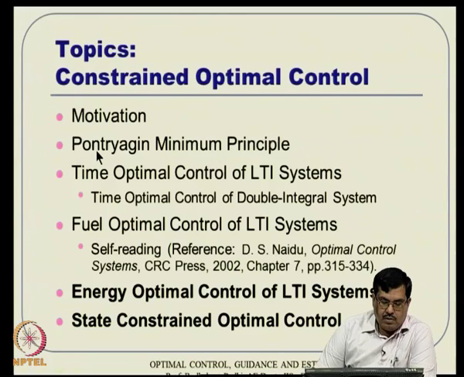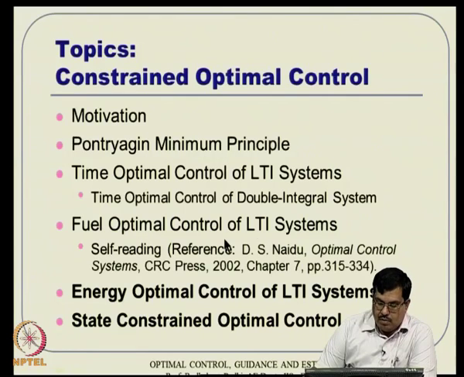Then we studied control constrained optimal control problems in a generic framework, in the Pontryagin's minimum principle framework actually. Then we used that in time optimal control of LTI systems, essentially the minimum time problem, and then demonstrated it in detail for the double integrator system.